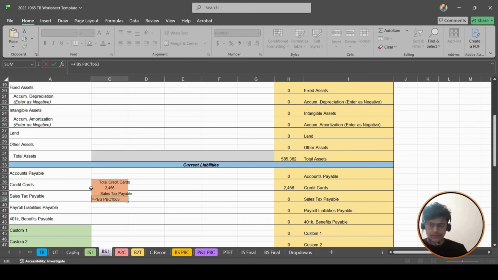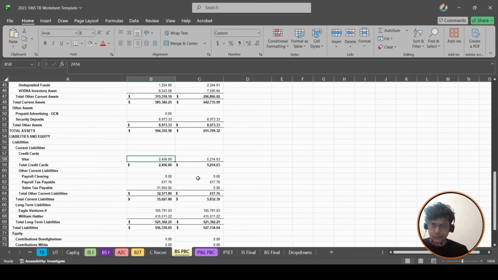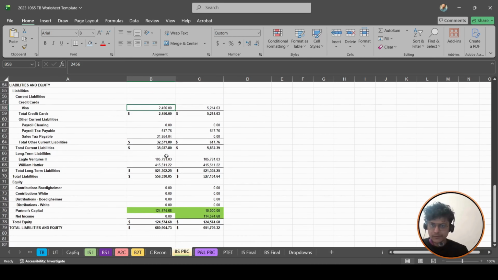It should be B63. We have a payroll payable also. Yes, it's 618. So it should be B62, 618. Yes, that's correct. What do we have next?